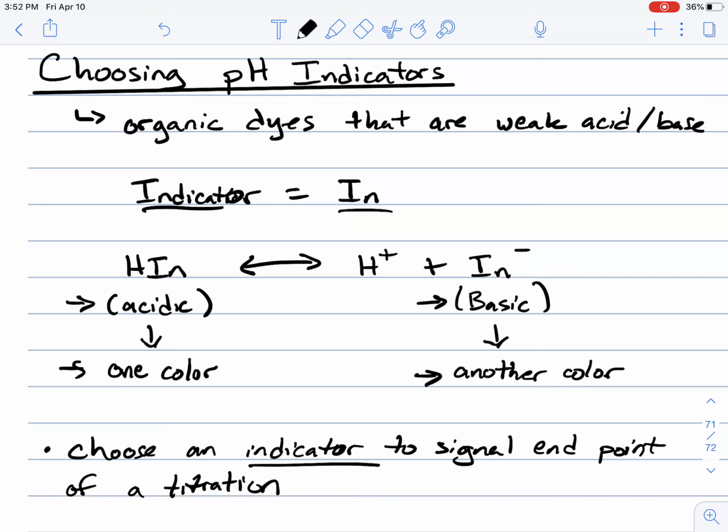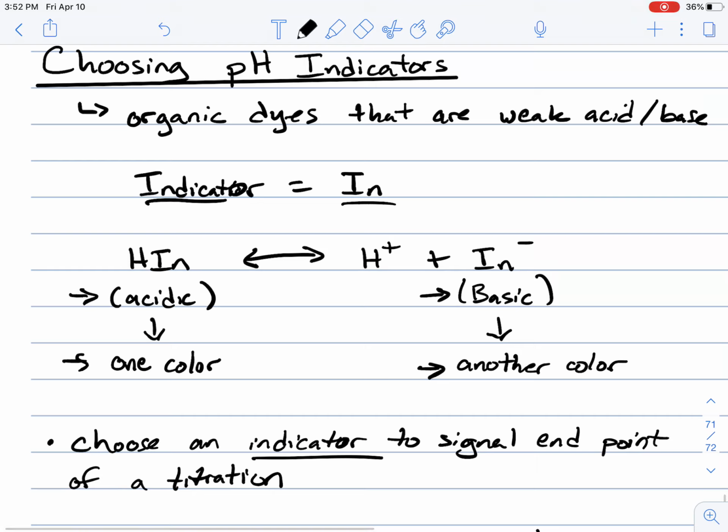And so when you guys are performing titrations, what you are used to working with is phenolphthalein. However, phenolphthalein is not the only pH indicator out there. There's a whole bunch of organic dyes. And so depending on the type of titration that you want to perform, you will choose a specific indicator to signal the endpoint of the titration.